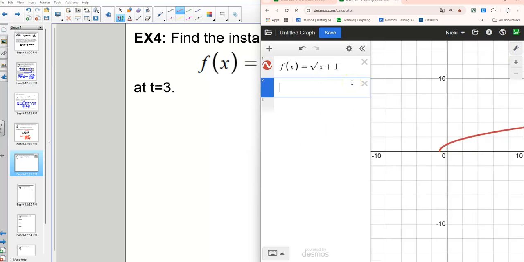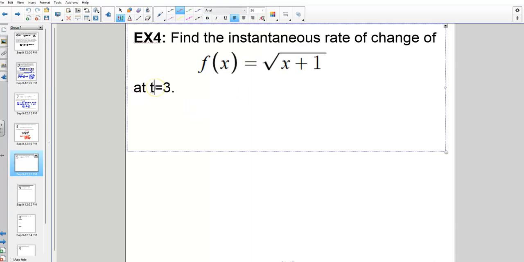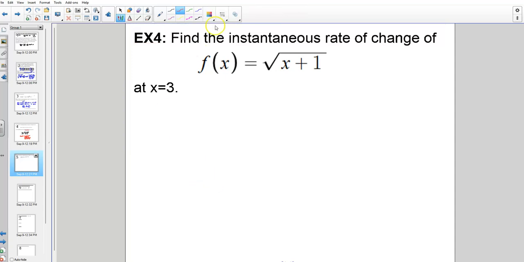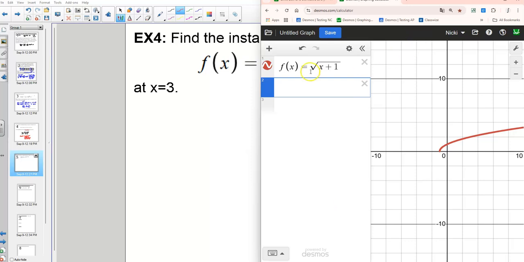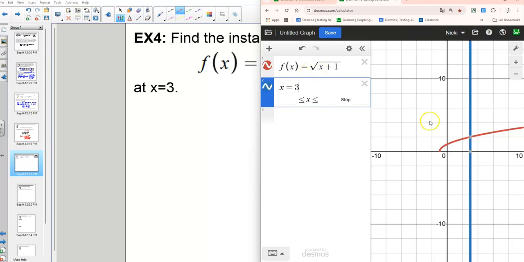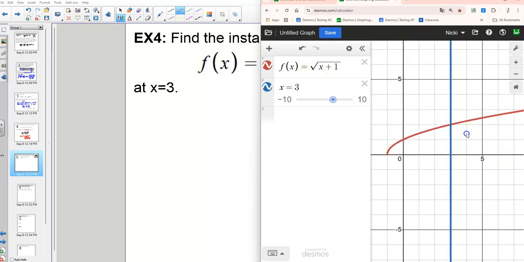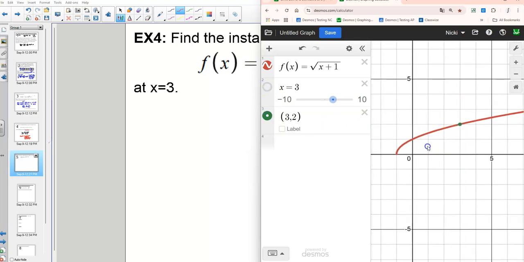And we're interested in, I shouldn't have used a t right there, I should have called it an x, x equals 3. We're talking about this point right here, (3, 2) on the graph. So we're thinking about what that tangent line would look like.